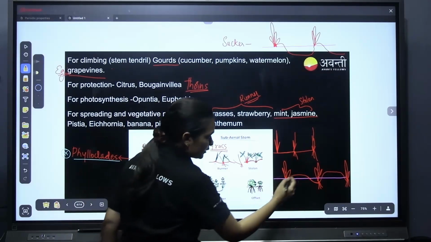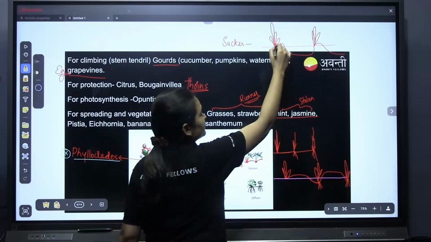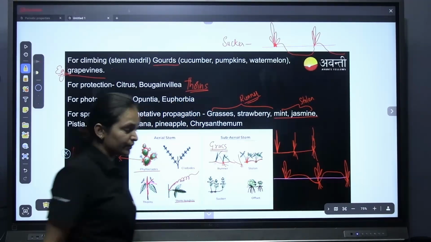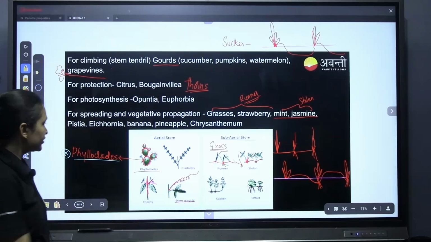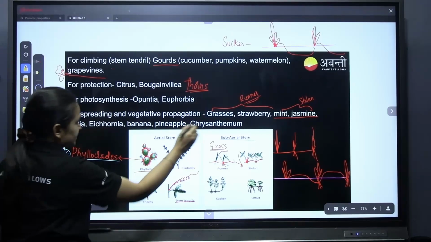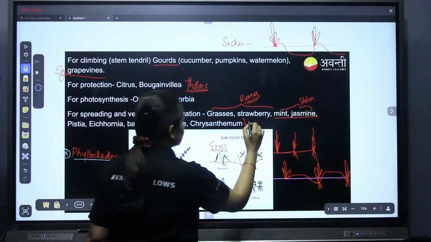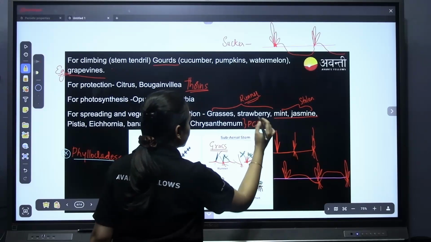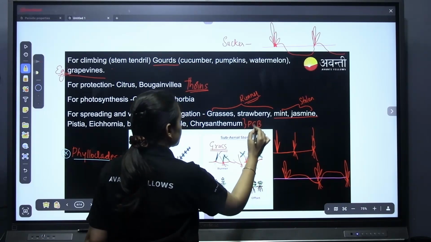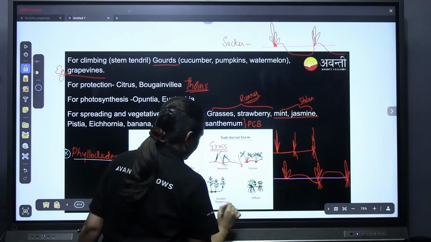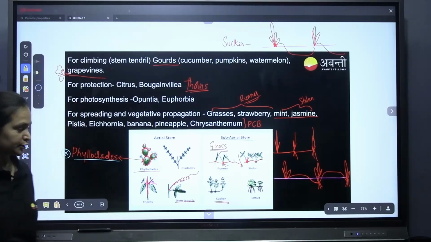So it first goes above the ground, then below, it directly goes below the ground, that is called suckers. In case of banana, pineapple and chrysanthemum, you can easily remember this as PCB, that is pineapple, chrysanthemum and banana, that will be propagating through suckers.